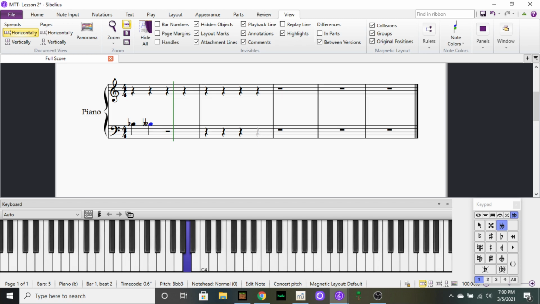When you're playing in that key, in that piece, you don't really like the idea of writing something natural. It looks better to write it flat, per se. And the same thing with sharps. If you're writing in like C sharp major, it's better to write the double sharp as opposed to writing it natural. And I'll show you what a double sharp looks like.